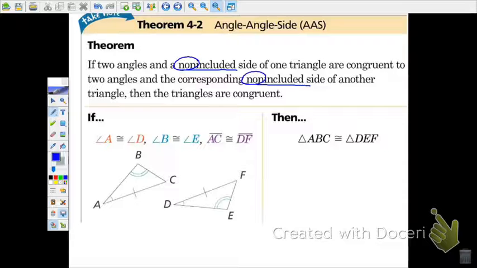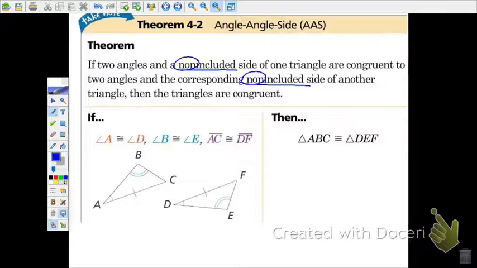This time, when we look at our picture, we still see two angles and one side marked, just like we did before, but the location of that side is different than the previous. This time, the side is not between the two angles. That's when we use angle, angle, side.